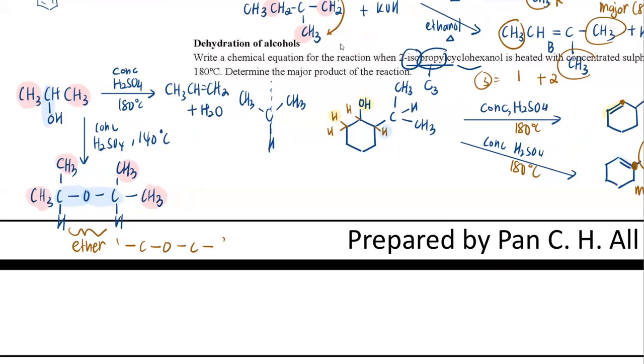So that's why if you want to use this reagent, sulfuric acid, to form alkene, make sure your temperature is 180. If your temperature is less than 180, you're forming other products. So for these questions, you cannot simply put a triangle, because it is sensitive to temperature.